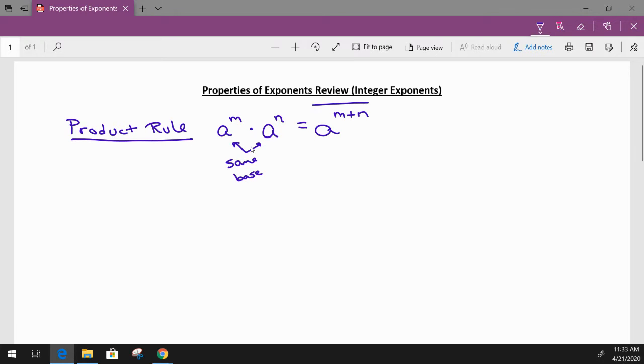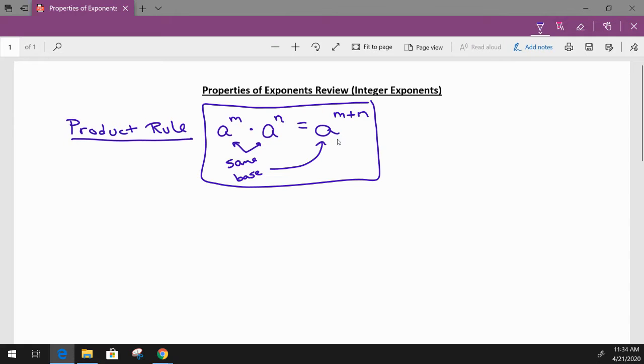So this is basically the rule. And also notice that the base does not change. So when we have numbers here, sometimes students want to multiply the bases together. You do not multiply the bases together. The base stays the same.